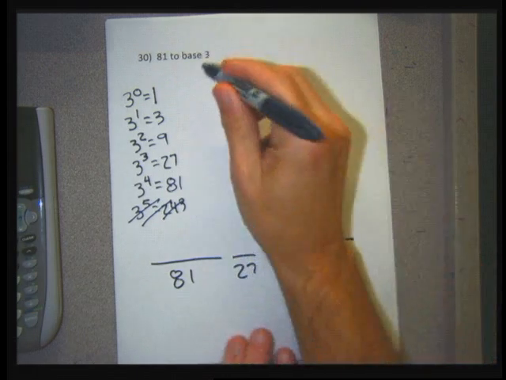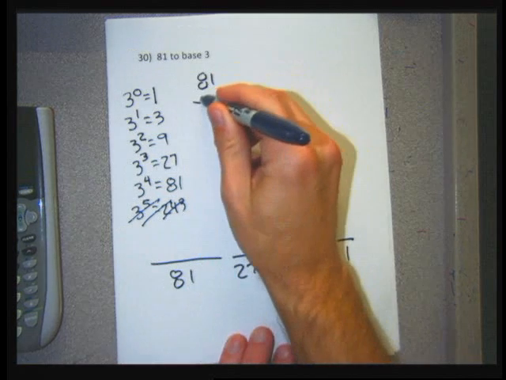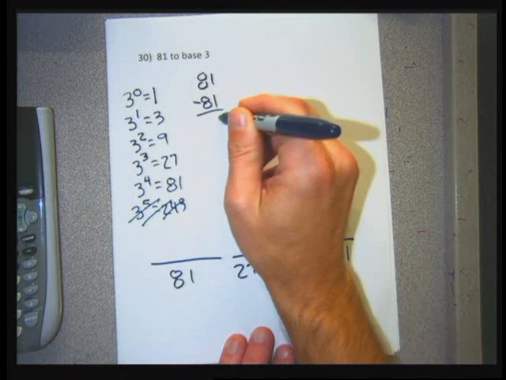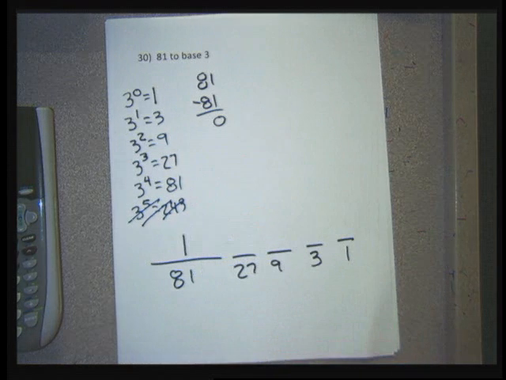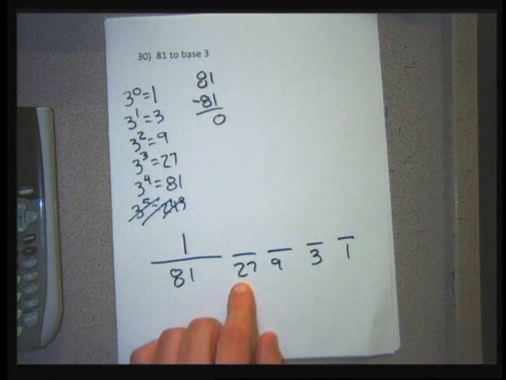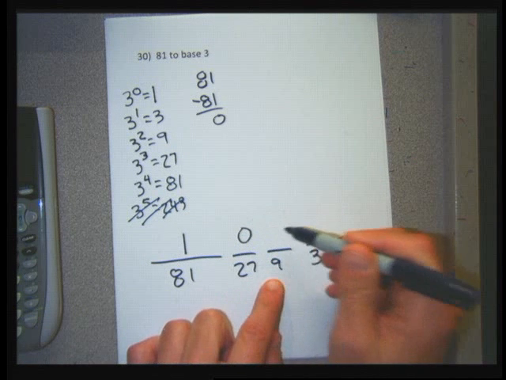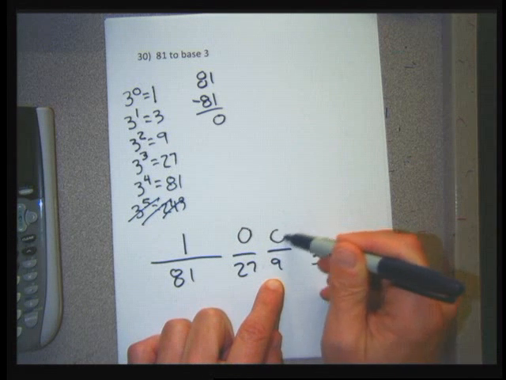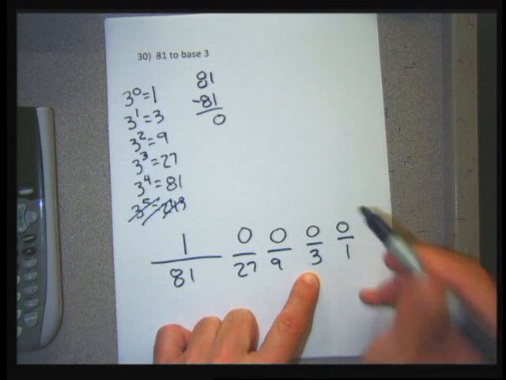So now I start with 81. I start subtracting 81. After I subtract 81 one time, I get a 0. So I'm going to put a 1 above the 81 because I was able to subtract it one time. And then the rest of the numbers are going to get zeros above them, because from 0, if I tried to subtract 27, I'd get a negative. From 0, if I tried to subtract 9, I'd get a negative. From 0, if I tried to subtract 3, or 1, I'd get a negative.